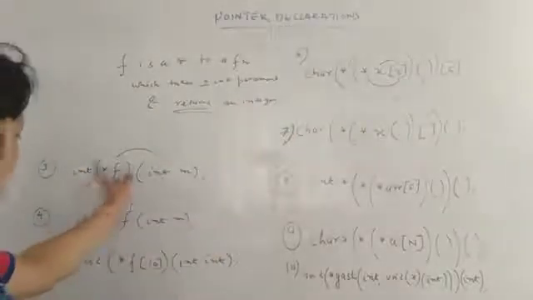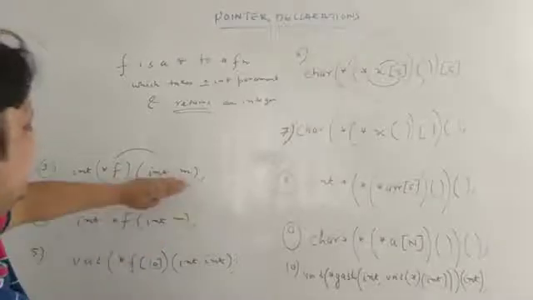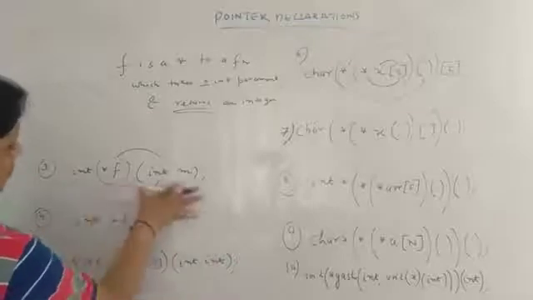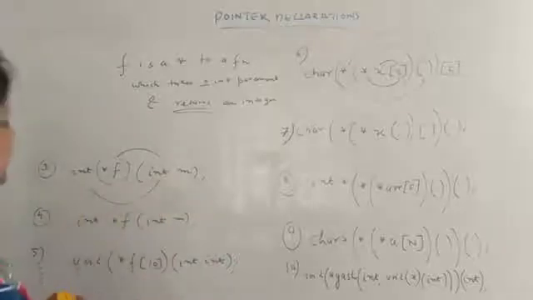So f is a pointer to a function which takes one int parameter and returns an integer.